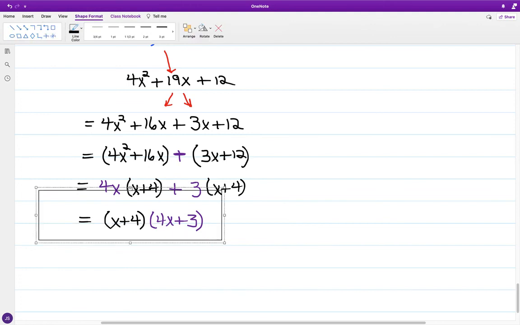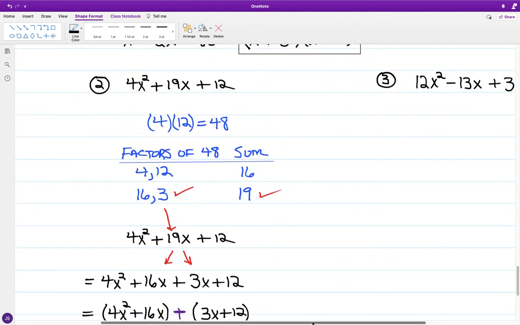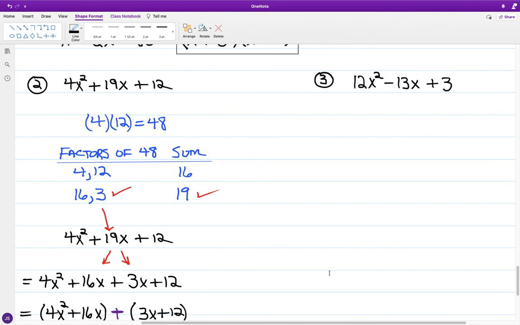Okay, and for the third and final case, we have 12x squared minus 13x plus 3.